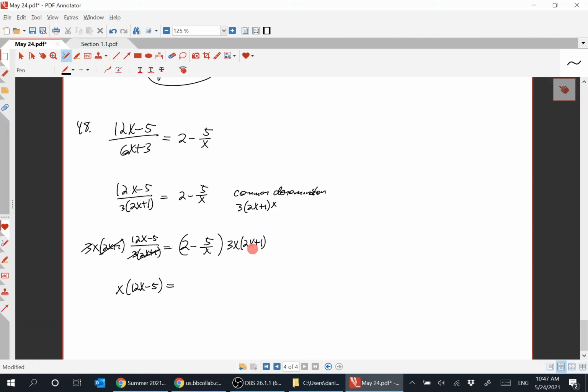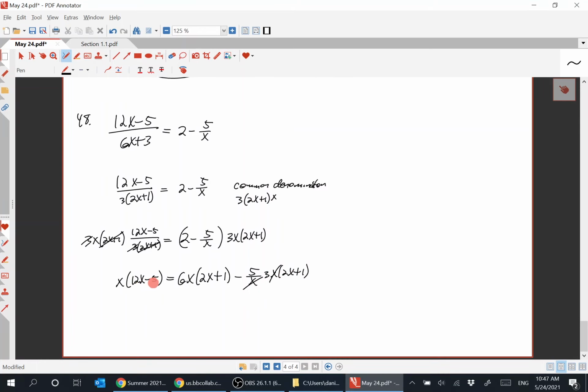Here, before I can do any canceling, I have to multiply this common denominator, this product, through both terms. So 2 times 3x times 2x plus 1 is 6x times 2x plus 1. Minus 5 over x times 3x, 2x plus 1. X's cancel here. Multiply through 12x squared minus 5x.